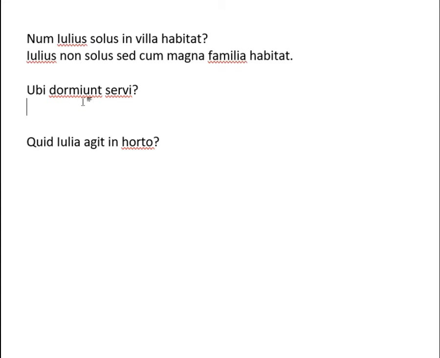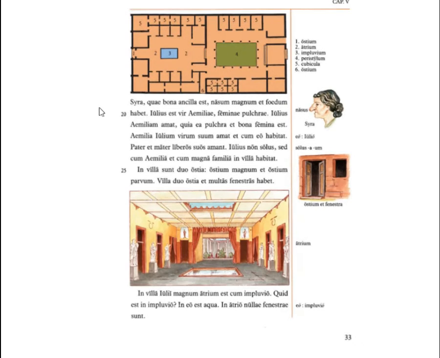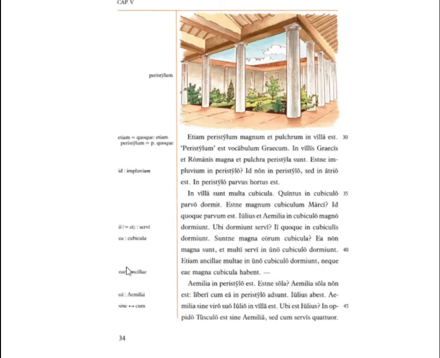If you go back through the chapter, you will find it in the description of all the different parts of the house. The description here, as you can see on page 33 and on page 34, you'll find this paragraph right here, and it will talk all about the cubicula.